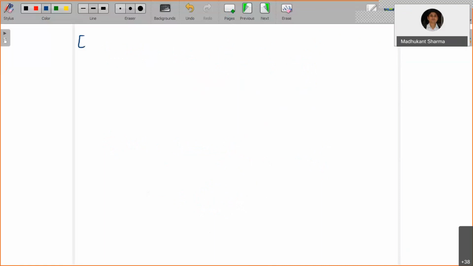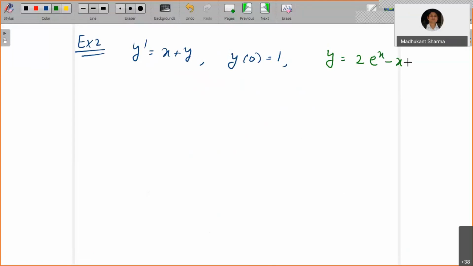The next example is, let's say, y dash equals x plus y with y at 0 equals 1. Now maybe later on you will be able to see how the analytical solution is derived. I am not right now showing you how to derive this analytical solution.